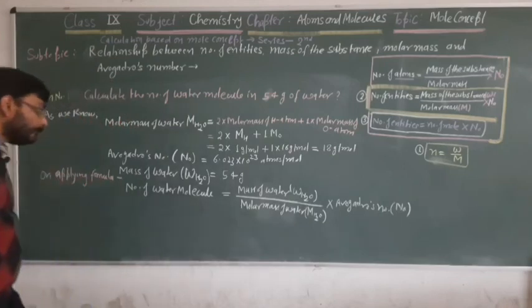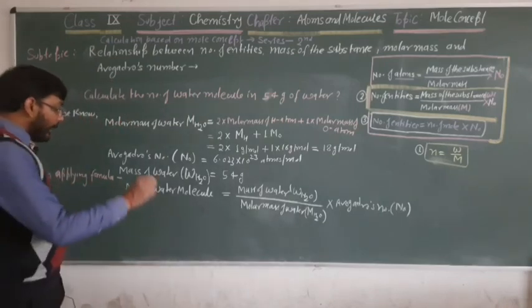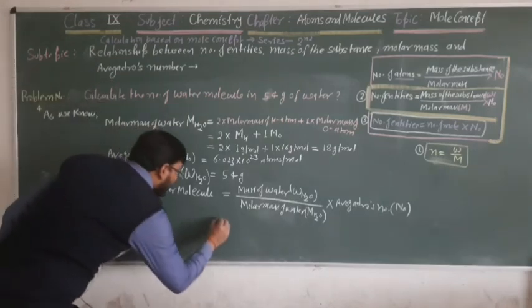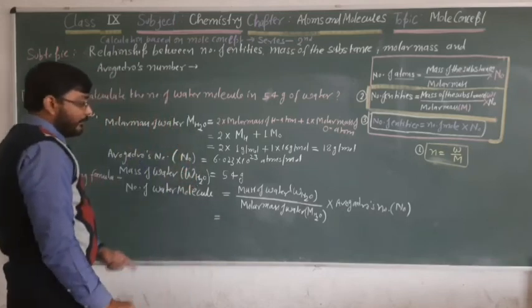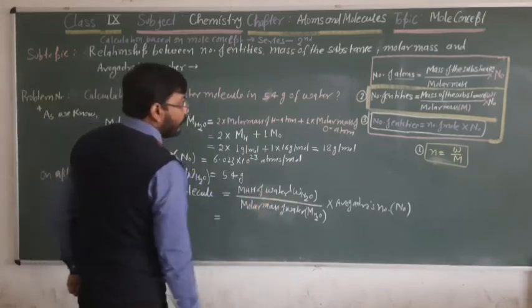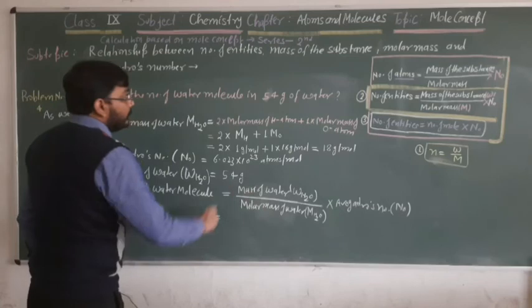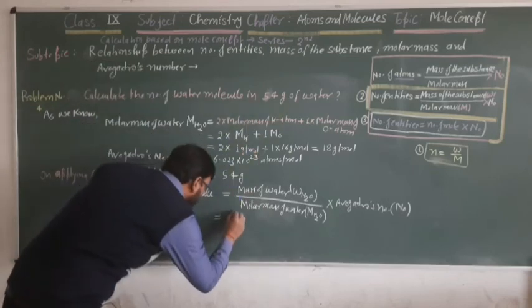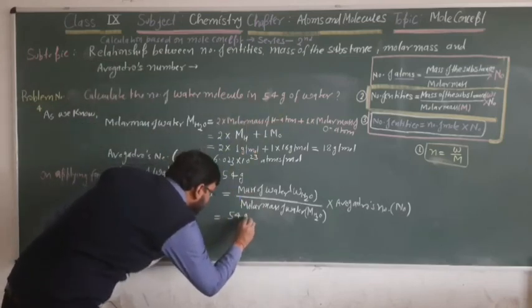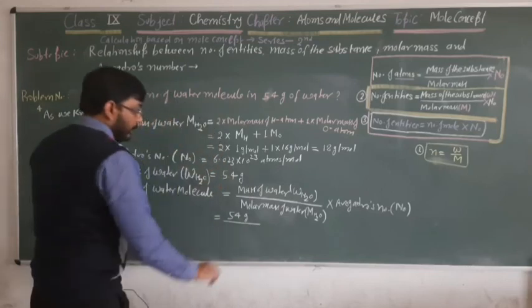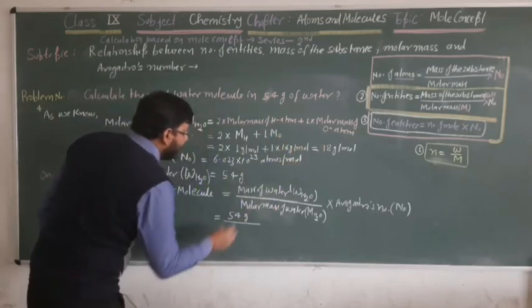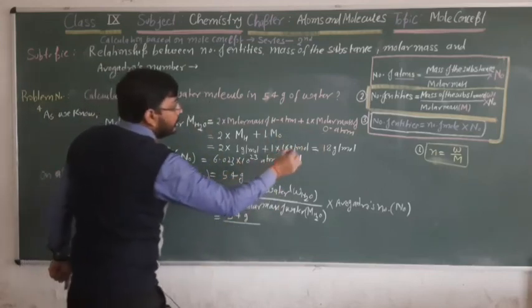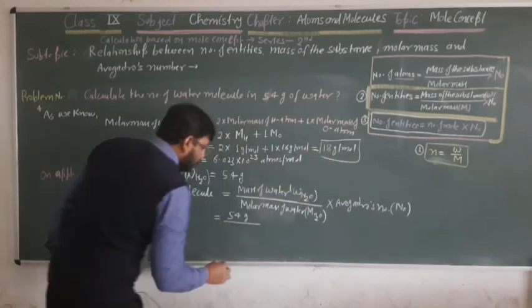Now see, put the value of each and every individual. Mass of water W H2O is 54 gram, divided by molar mass of water 18 gram. This is 18 gram per mole.